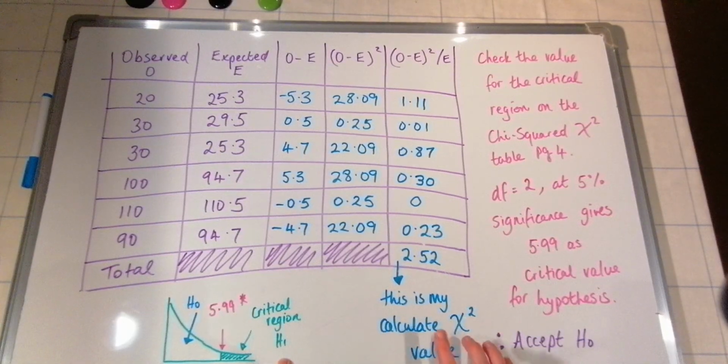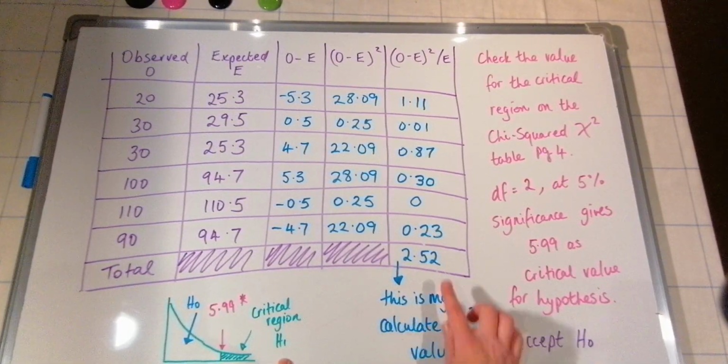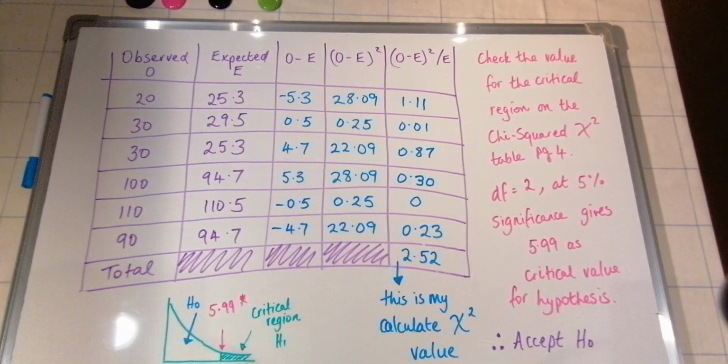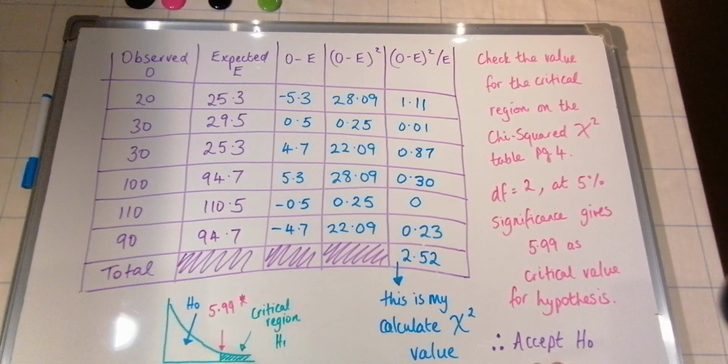But my calculated chi-squared value worked out at 2.52, which is much less than 5.99, so I'm on here in the unshaded area, therefore I'm going to accept my H0. I'm accepting the fact, based on this survey, that there is no reason to suggest that taking herbal remedies will ward you off against the cold.